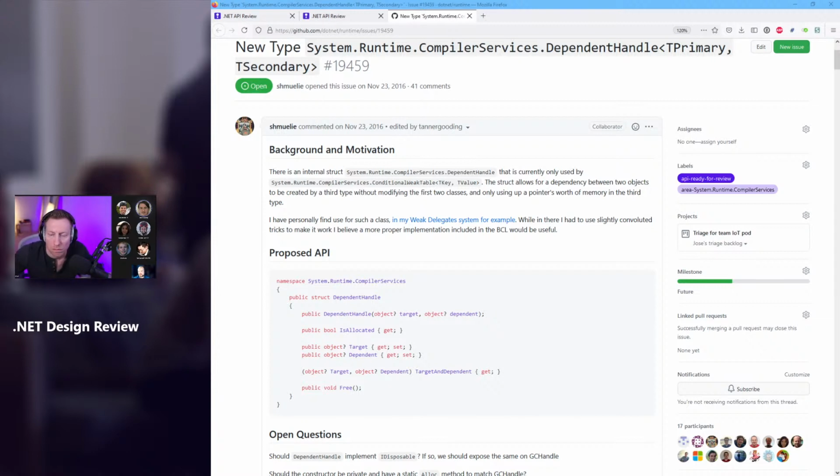But given that it was decided we should go with dispose, I'm thinking the constructor should be kept. But otherwise, it's relatively straightforward here. And then the only other question was for target and dependent property, should that be a method, get target and dependent, or should it just be a property?